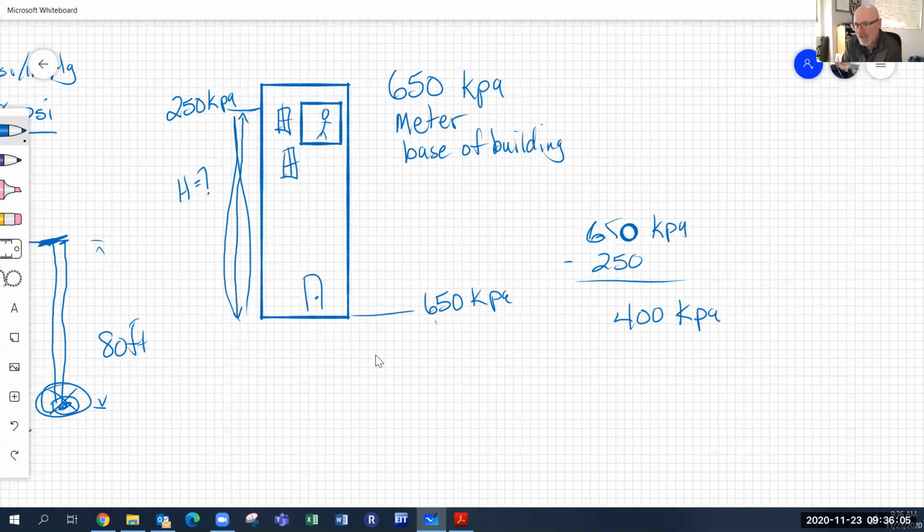Using our formula triangle, I take the pressure divided by the density to get my height.